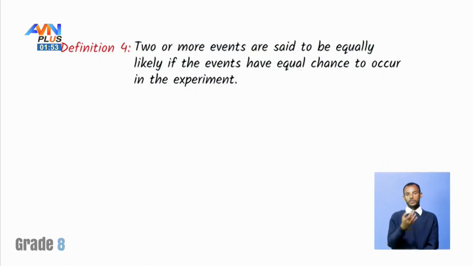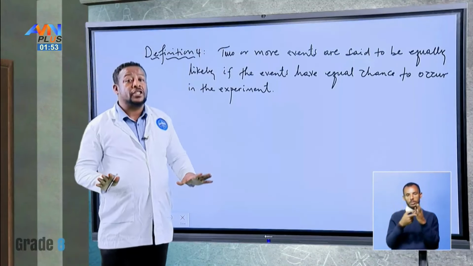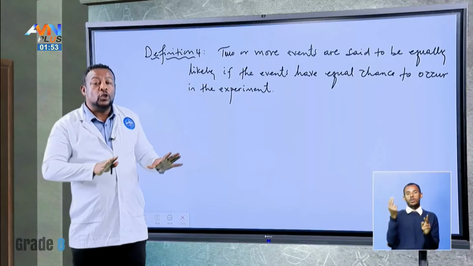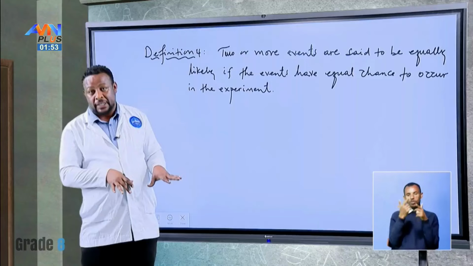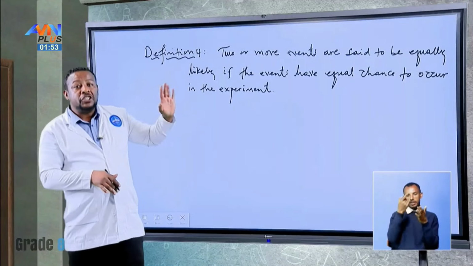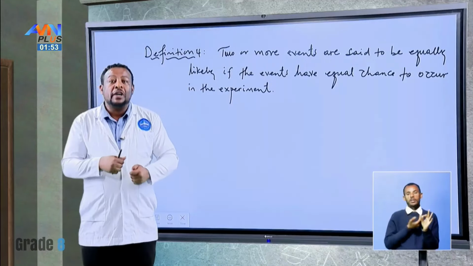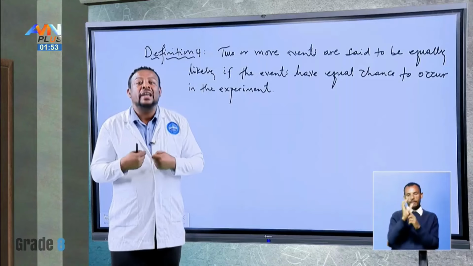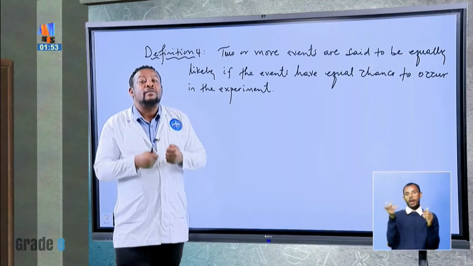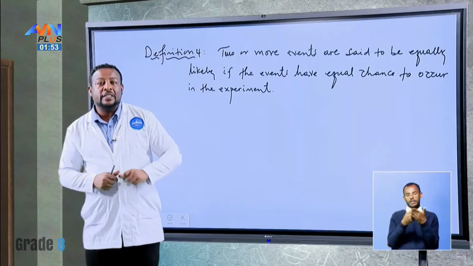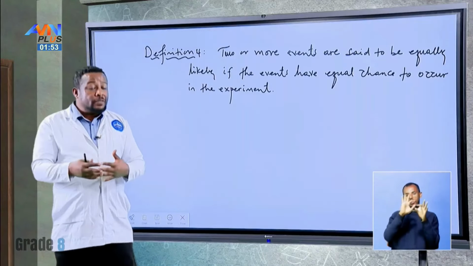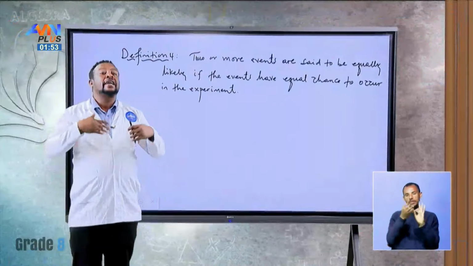This definition is very important, and we will use this concept in determining the probability of some events. So this definition tells us 2 or more events are said to be equally likely if they have equal chance to occur in the experiment. So this is the fourth definition, and the fifth definition is about certain events.